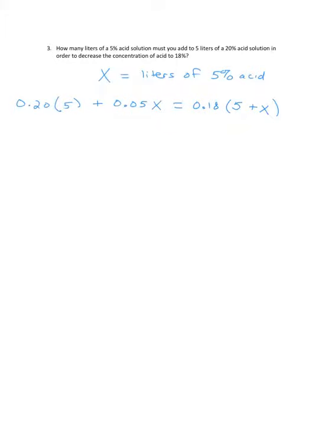Okay, let's see, I get 1 plus, I can only write that as 0.05x. And if I distribute this 0.18 to both terms in the parentheses, okay, 0.18 times 5 is 0.9 plus 0.18x.